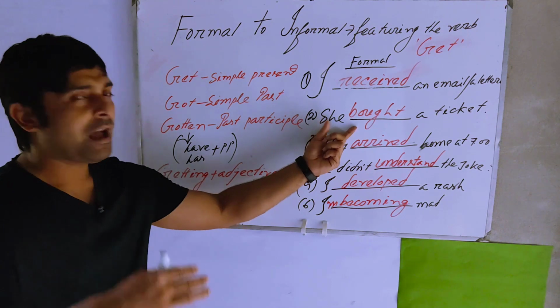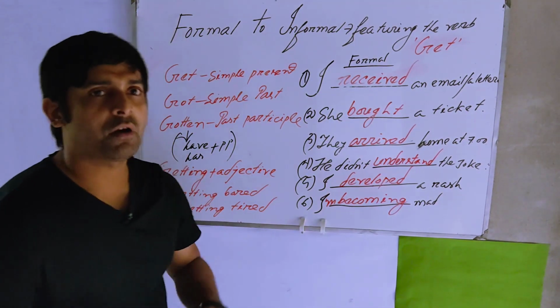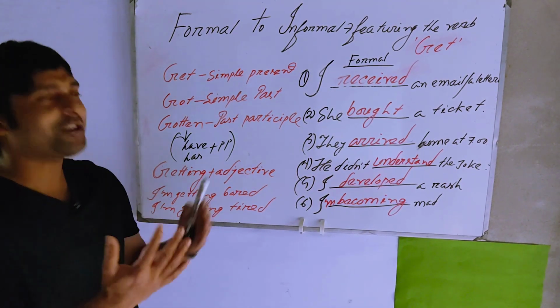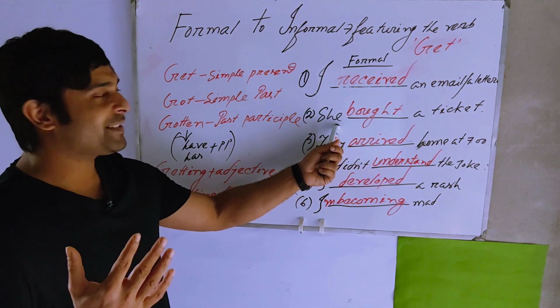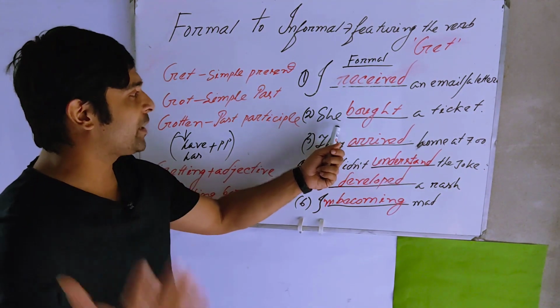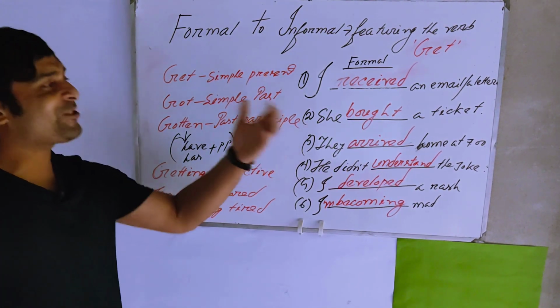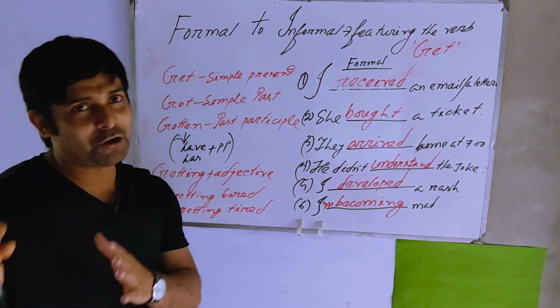Informally, the second sentence in the same way: she bought a ticket or I bought a ticket. Instead of bought, if I say I got a ticket, that's also right. But native speakers say more often she got a ticket or I got a ticket. That is an informal sentence.